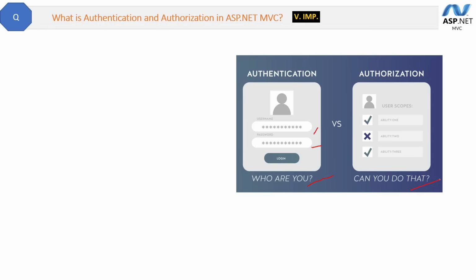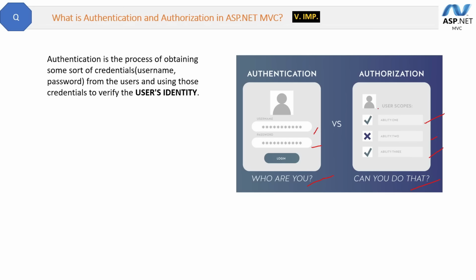For example, if you are a simple user, you can only view one thing. But if you are an admin, then you can update things and add things. That will be decided by authorization. What is the role of the user here? Is he a normal user or an admin?